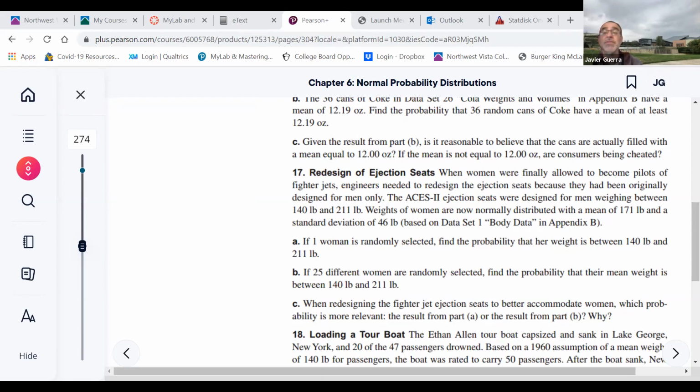What's your mean and standard deviation for 17? Correct. 171 and 46.